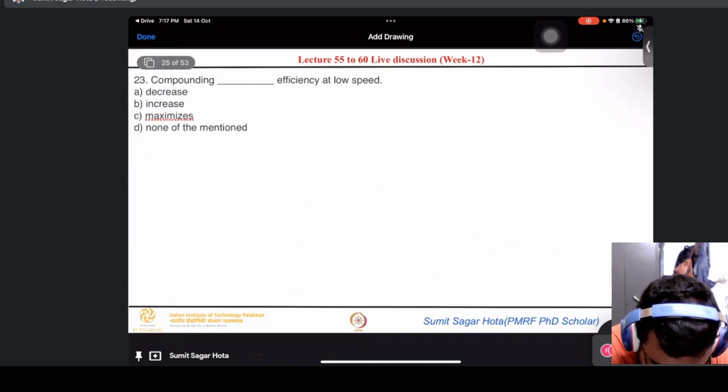Compounding dash efficiency at low speed. Obviously, because of compounding, all the losses are reduced. If the losses are reduced, that means efficiency will increase.